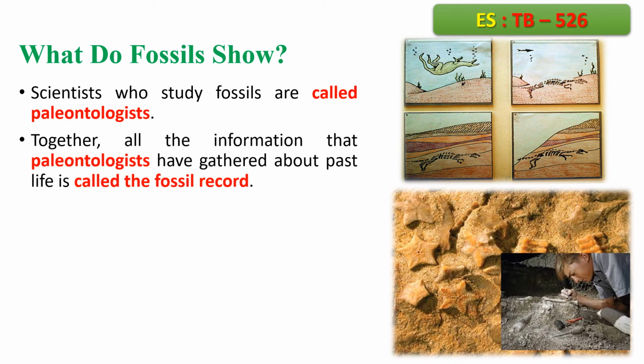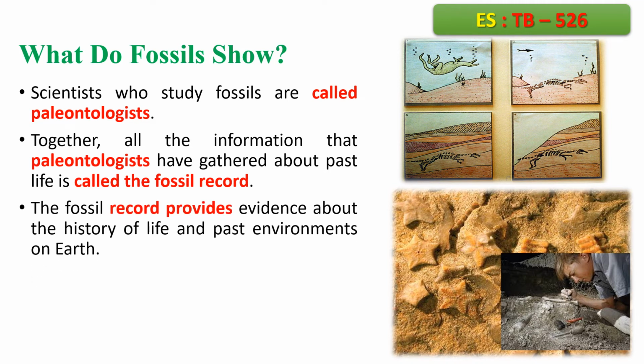Together, all the information that paleontologists have gathered about past life is called the fossil record. The fossil record provides evidence about the history of life and past environments on Earth.